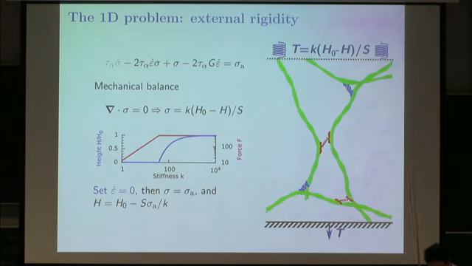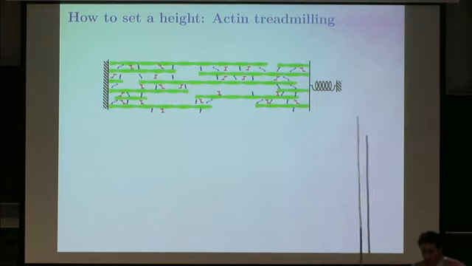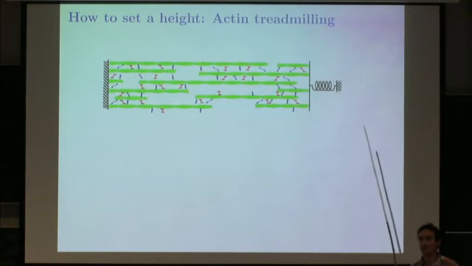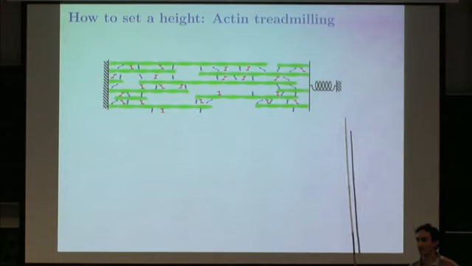So one way to explain that is through another mechanism, which is the actin treadmilling. So you've seen the movie with the actin actually moving centripetally, as I have in this model, but also the edge of the cell was progressing at the same time. So this means that there is polymerization at the edge.